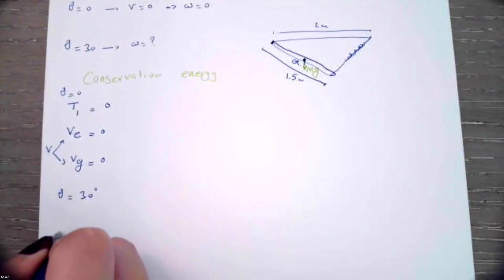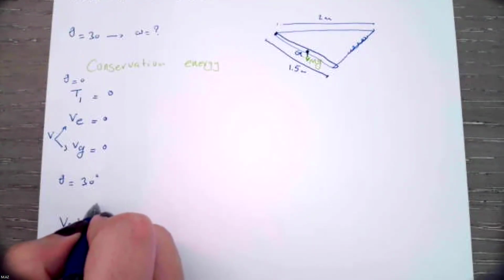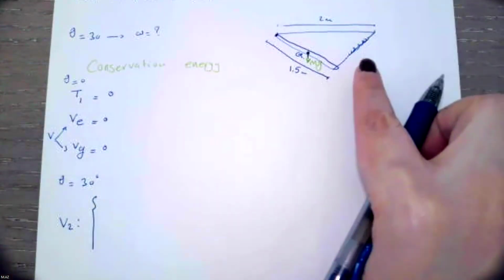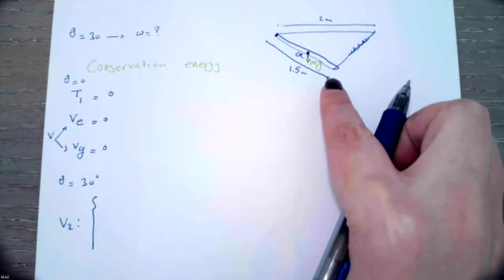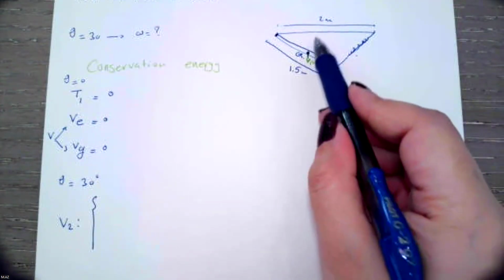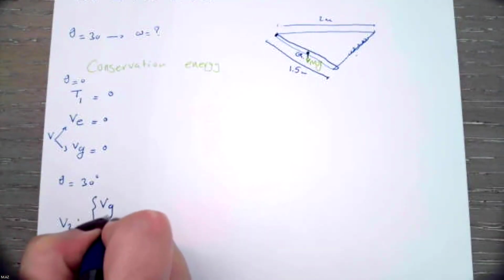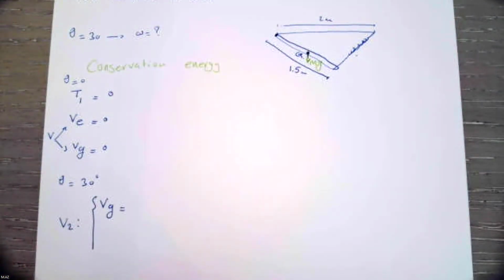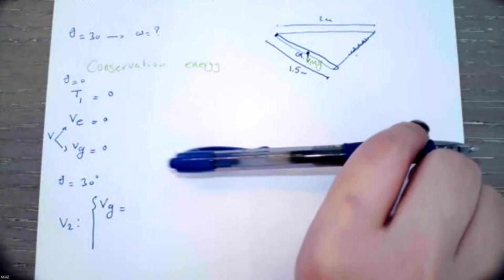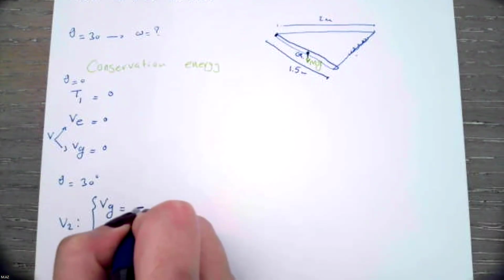For potential energy, once theta is 30 degrees, as you can see, for this system we have a spring plus the elevation. For gravitational potential energy, because it happens below a datum, we have a negative potential energy.